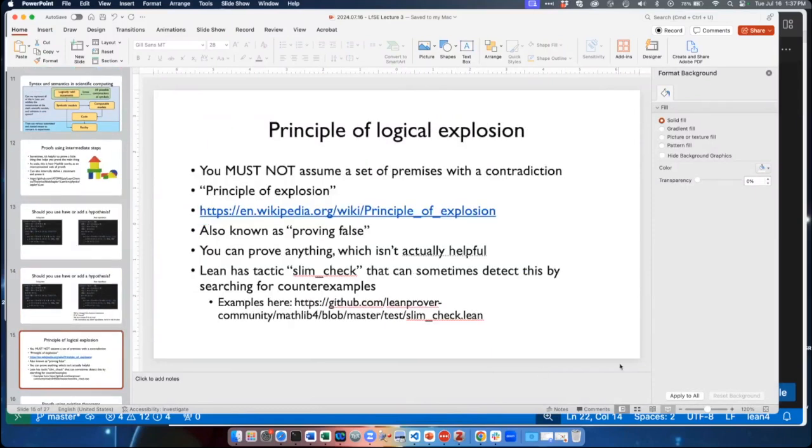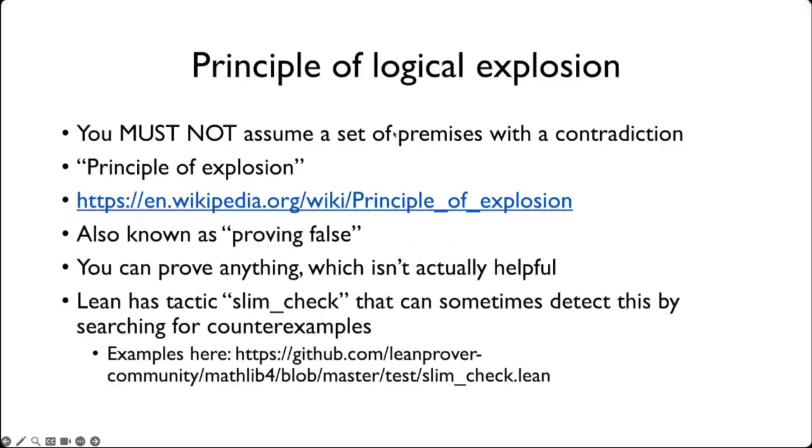And the reason for that is the principle of logical explosion. You must not assume a set of premises that contains a contradiction. This is referred to as the principle of explosion. It has a few different names, logical explosion, things like that. And there's a very lovely Wikipedia article on this. Also it's referred to as proving false.